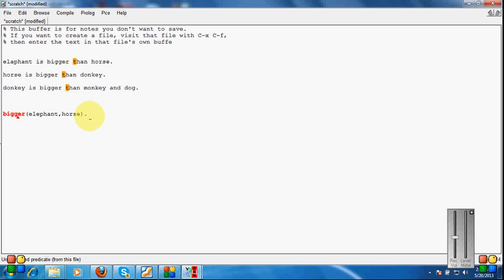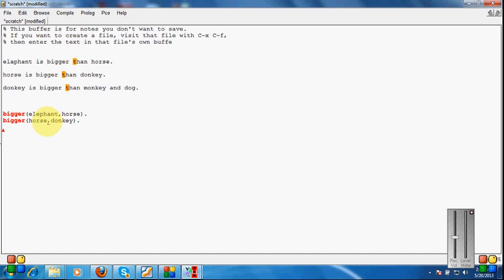Okay, so this binary relation we have taken out. Now similarly the same kind of relation exists between the other animals also, so there is no need to invent further relation types. So the same kind of relation is given between horse and donkey.